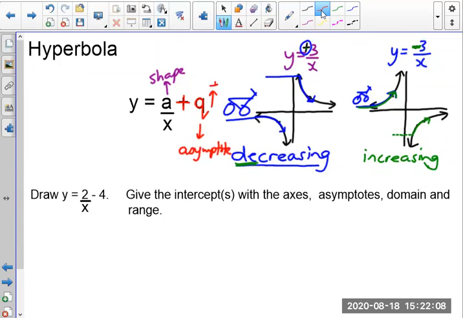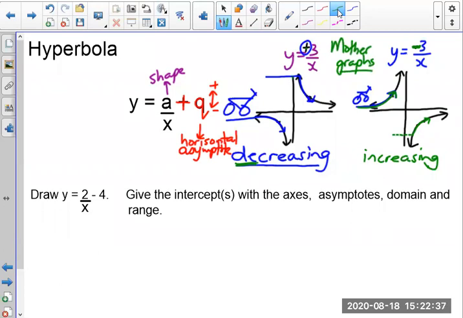So up if there's a plus q, and down if there's a minus q. And which asymptote is it? It's the horizontal asymptote. Now, if we go back, I call these two the mother graphs. The mother graphs before I move them, okay?